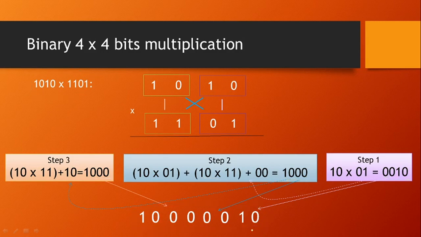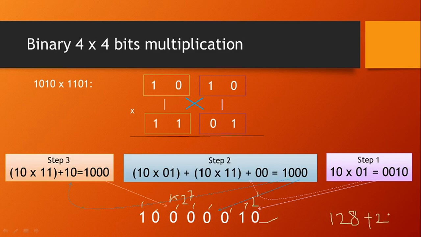So 0 into 2 to the power 0 is 0. Here this is the 0th position, this is the first position. So 1 into 2 to the power 1, then 2 to the power 2, 3, 4, 5, 6, and 7. So 1 into 2 to the power 7 also. 2 to the power 7 is nothing but 128, plus 2 to the power 1 is 2.